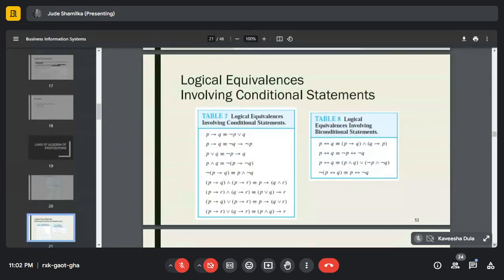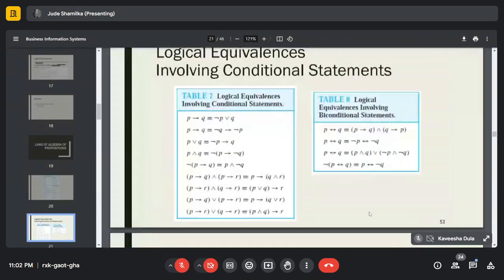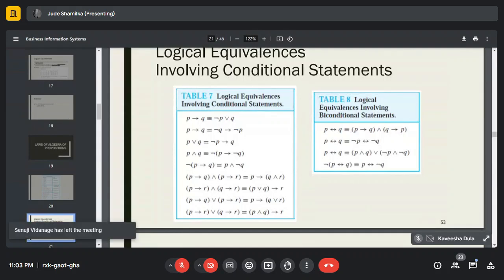Here, the first one in the table 7, P implies Q, and the equivalence is not P or Q. How to convert it? What you have to do is write down these things. You can make your own mind map or something.